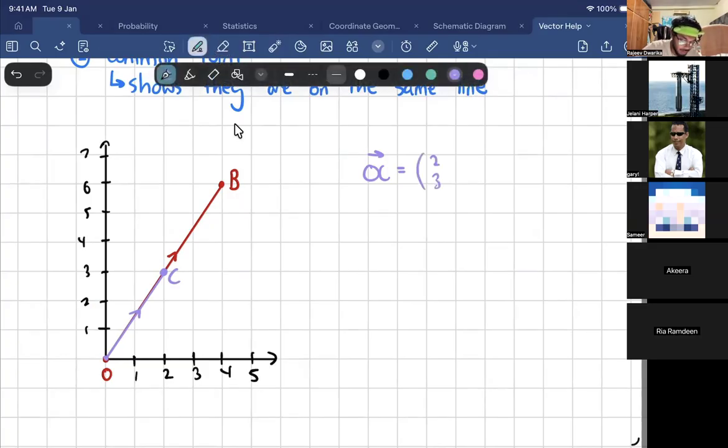Agreed? Okay, next vector we have is O to B. O to B would be what? 4, 6.